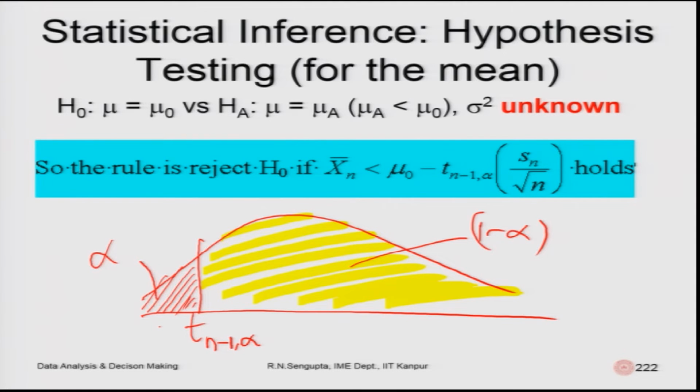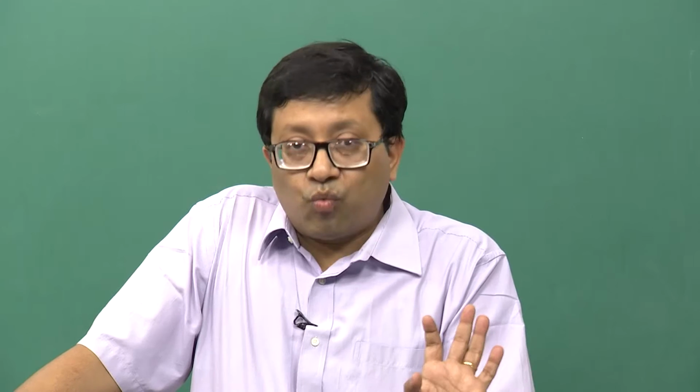Why is it n minus 1? Because you have lost 1 degree of freedom trying to find out the first moment, which is the mean, hence the t distribution would have lost 1 degree of freedom, which has now become n minus 1.